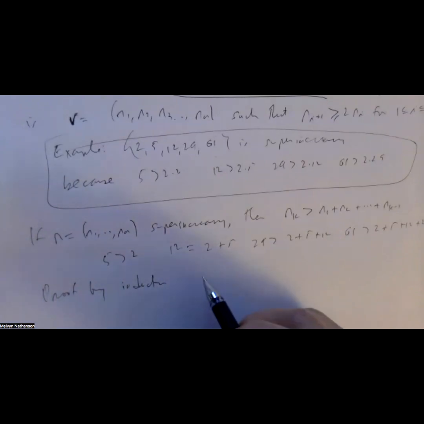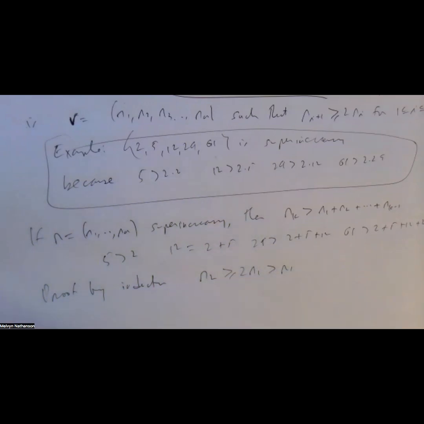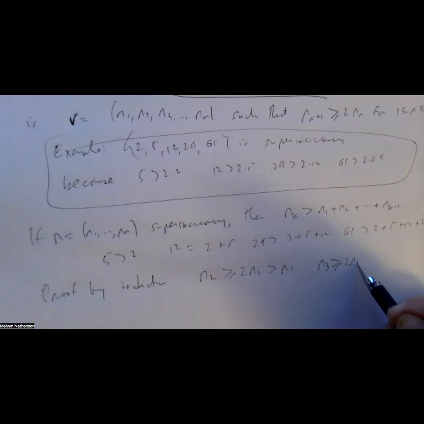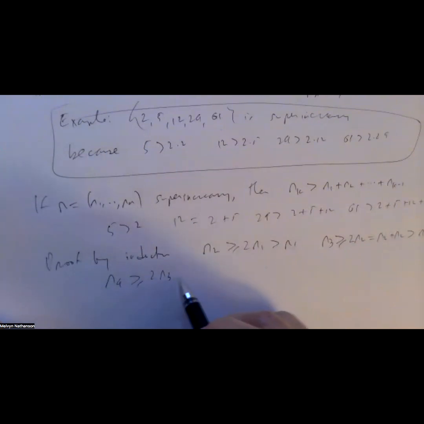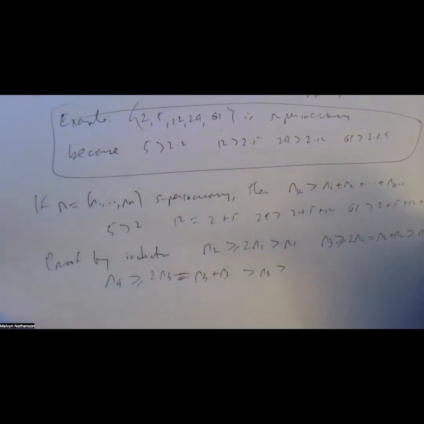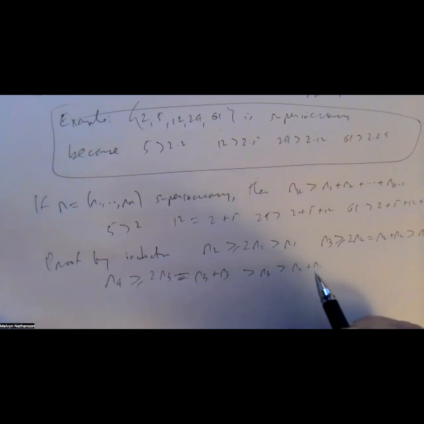For example, for k equal 2, we know r_2 is greater than or equal to 2r_1, so it's bigger than r_1. And r_3 is at least 2r_2, which is r_2 plus r_2, and r_2 is bigger than r_1. And r_4 is greater than or equal to 2r_3, which is r_3 plus r_3, and r_3 is strictly bigger than r_2 plus r_1.